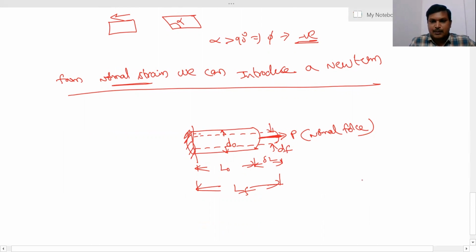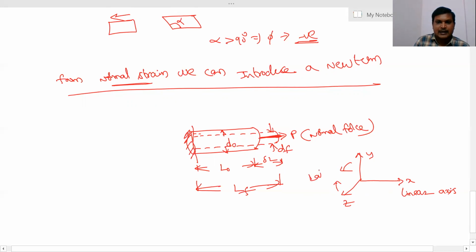In any three dimensions, this is the x-axis, this is the y-axis, and this is the z-axis. The x-axis we call the linear axis, and the y-axis the lateral axis. When applying the normal force, you can observe a change in the x direction and a change in the y direction.